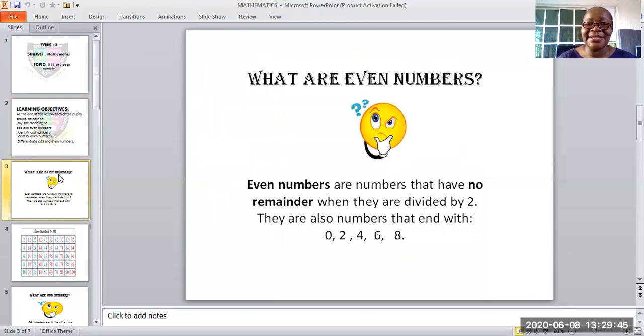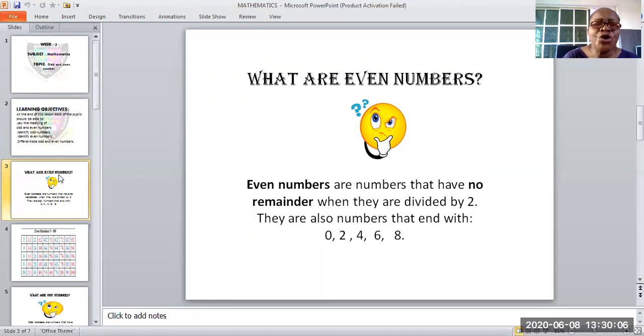Now, let's start with even numbers. What are even numbers? The accurate definition of even numbers is numbers that have no remainder when they are divided by 2.